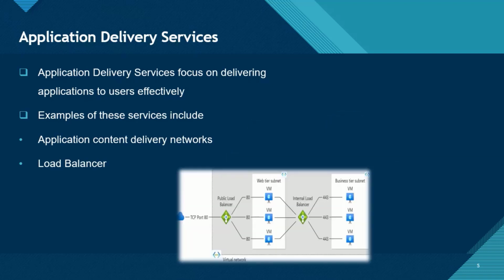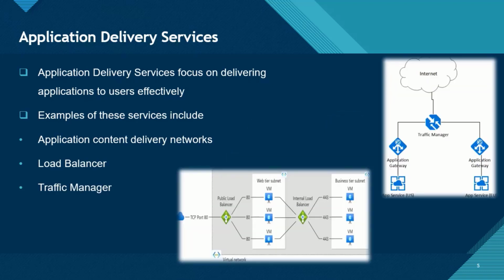We have Azure Load Balancer, there's the Traffic Manager, there's Application Gateway, and so on. The good news here is if any one of these services doesn't suit your need, you can combine the services to design and implement an effective application delivery architecture that suits your own specific requirements.